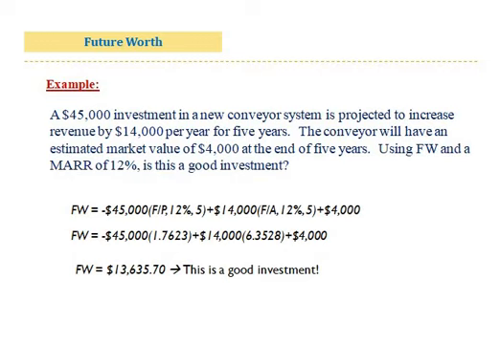So you will have to get used to the types of questions being asked from now on. I'm asking for your decision. So what will be the future worth? What do I have? Initial investment, annuity, and the future value.